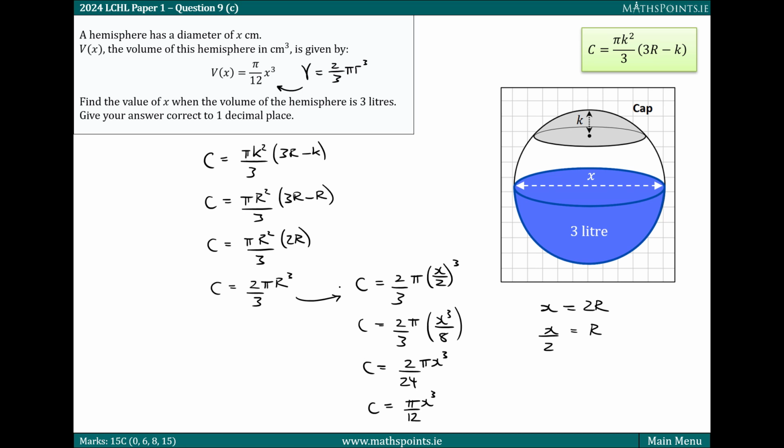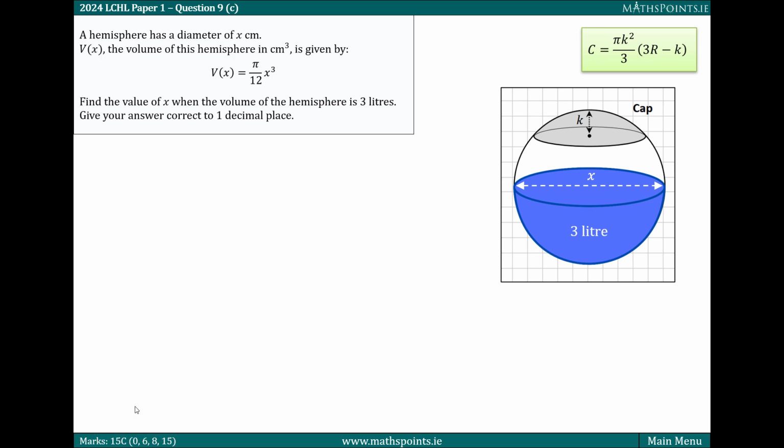So that's how they've come up with this formula for the volume of a hemisphere in terms of its diameter rather than in terms of its radius. And I think it's important sometimes to pause and have a look at stuff like that, because this formula would have thrown people. Looking at it, it's a little unusual. Now, actually solving this question is quite easy. There's 15 marks for that, and it's fairly straightforward.